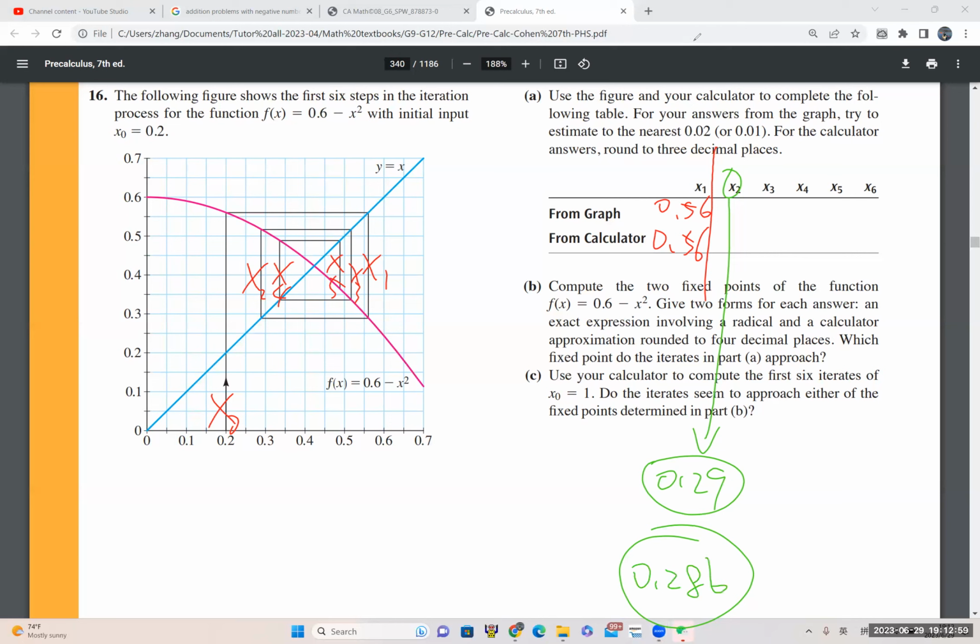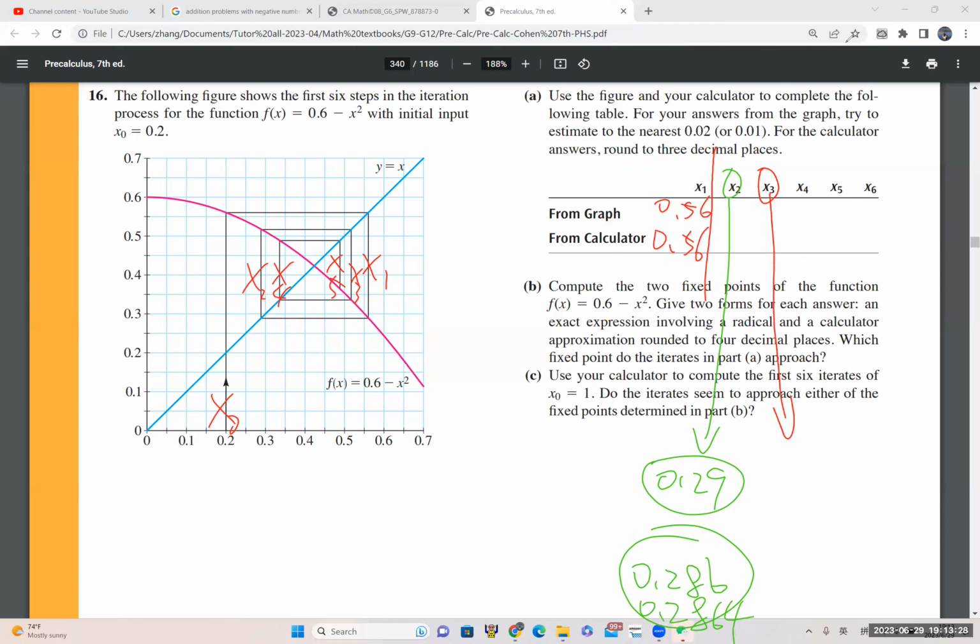Let me quickly check: 0.56 squared, then plus 0.6. Yeah, that's it. The exact value is 0.2864.